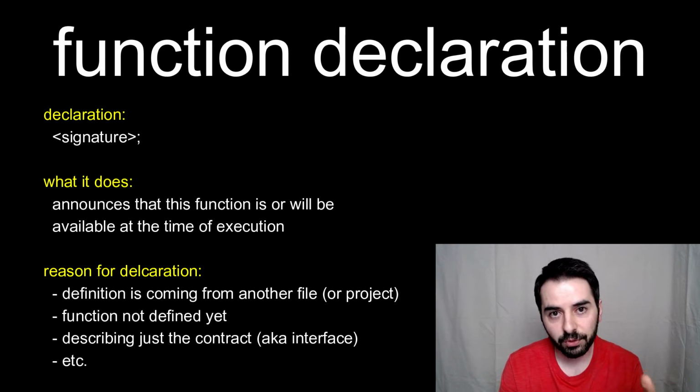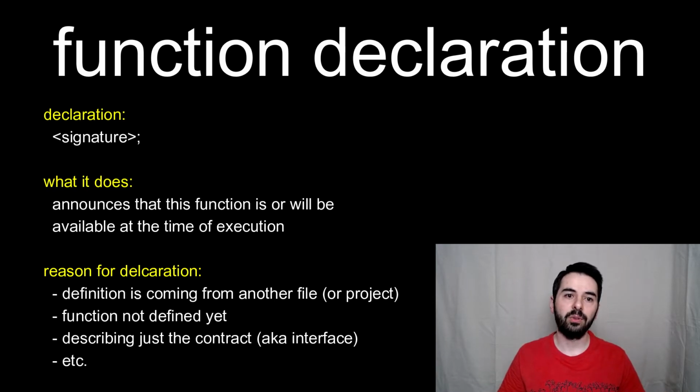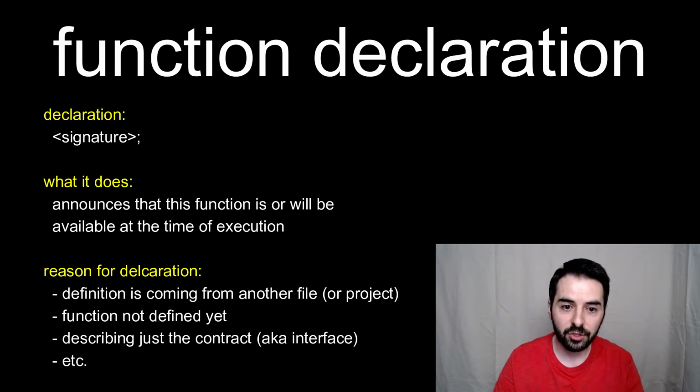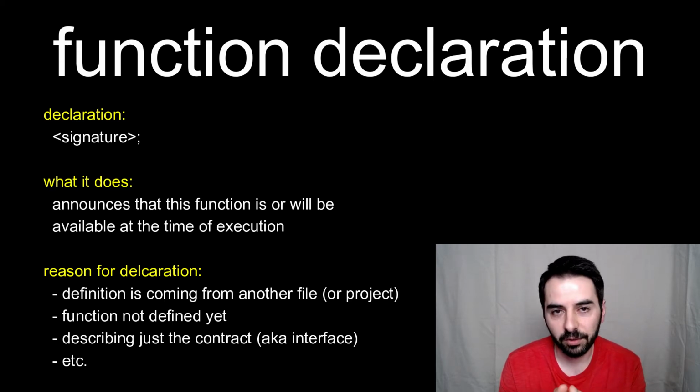So if you provide the signature, that's basically a declaration, and you make it a statement. So if for instance we use a semicolon in that language, then the declaration is just the signature and then a semicolon at the end. So that basically lets your environment, the runtime environment, or the compiler, depending on if it's a statically typed or dynamically typed language, know that you will have this function, or you can use this function.